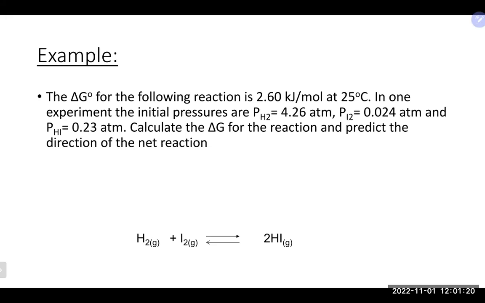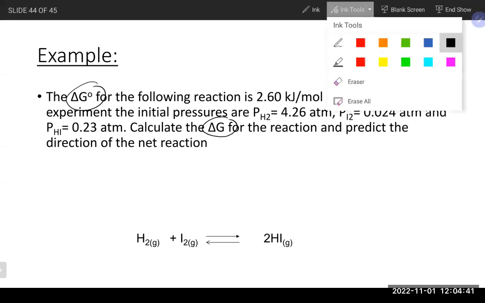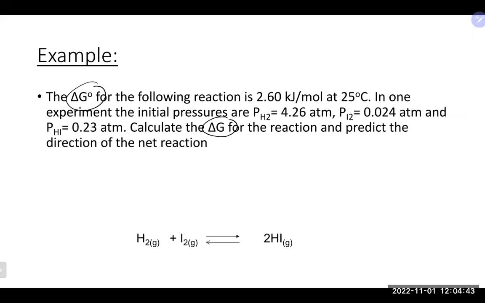Kind of one under standard conditions, one under non-standard conditions. Once again, if you're curious what makes this sort of non-standard conditions, it is the pressures that we see here. They are not 1 atmosphere each of them. So again, the sort of non-standard conditions.